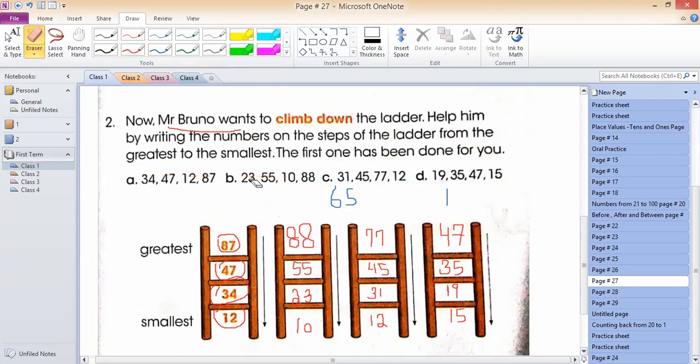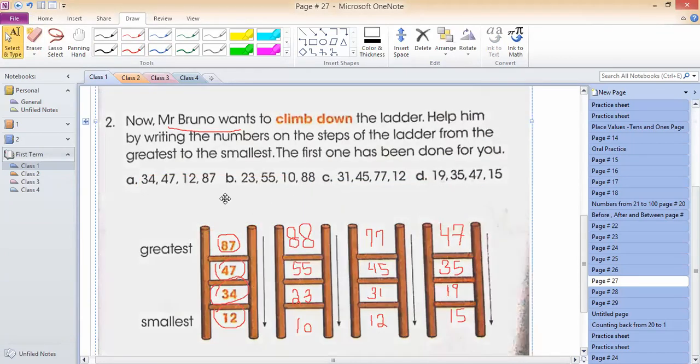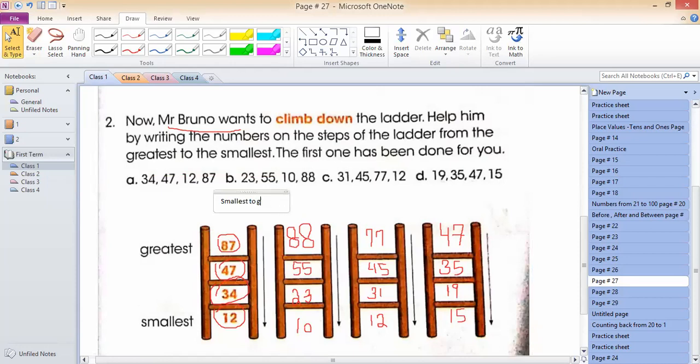Okay. Now I'm going to ask you a question. The question is: arrange the numbers from smallest to greatest.